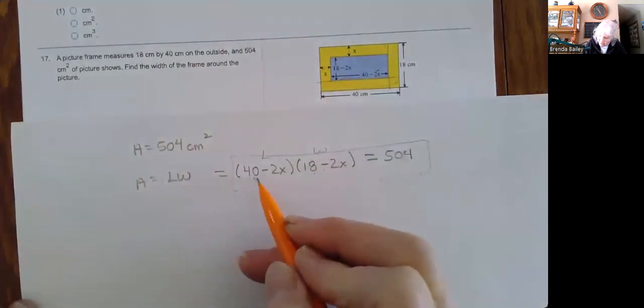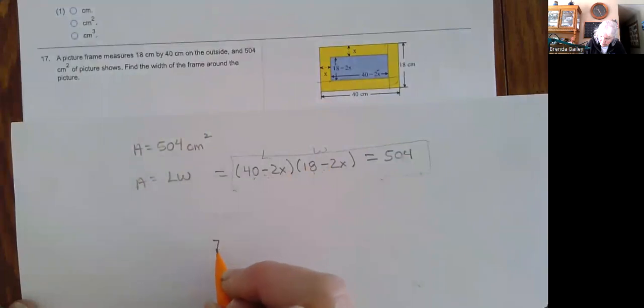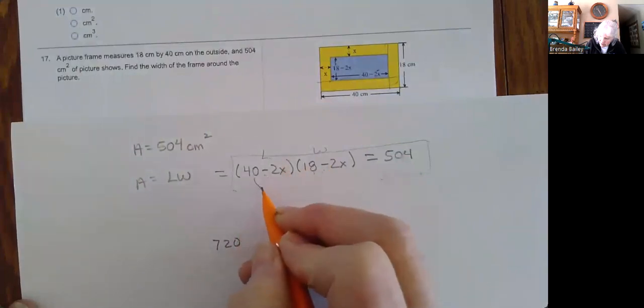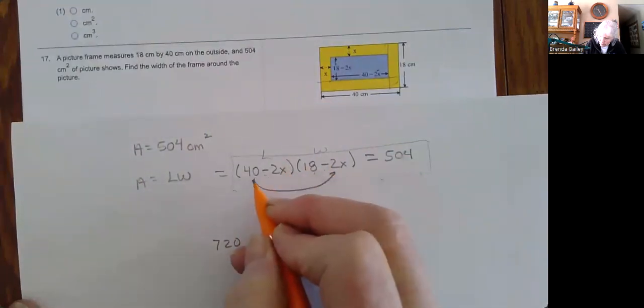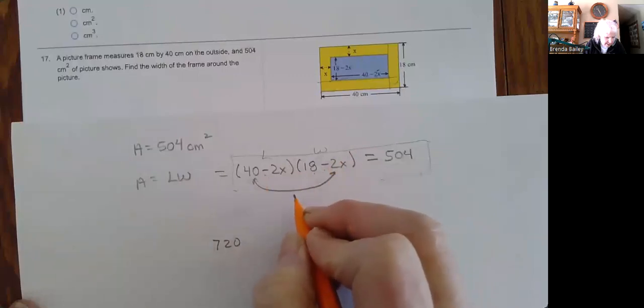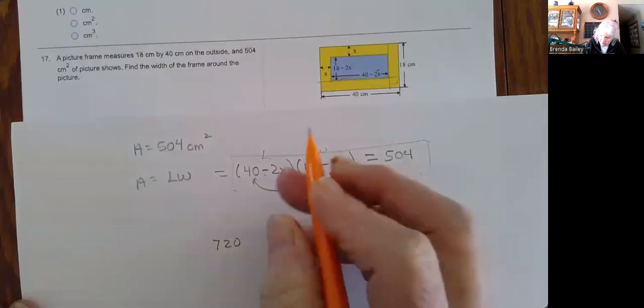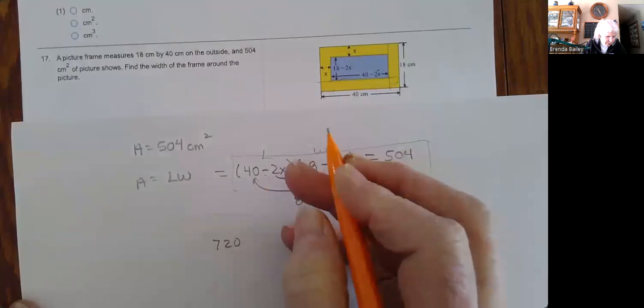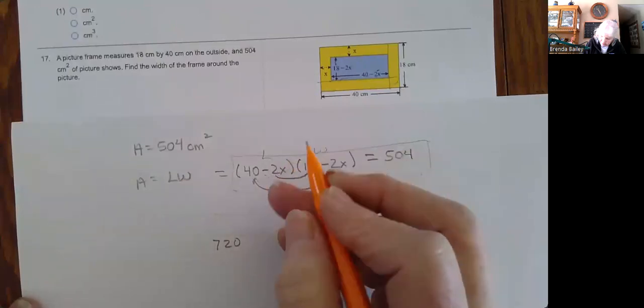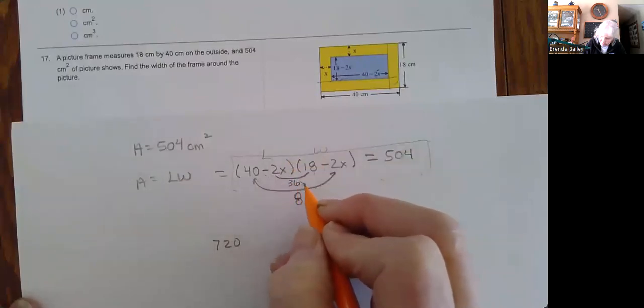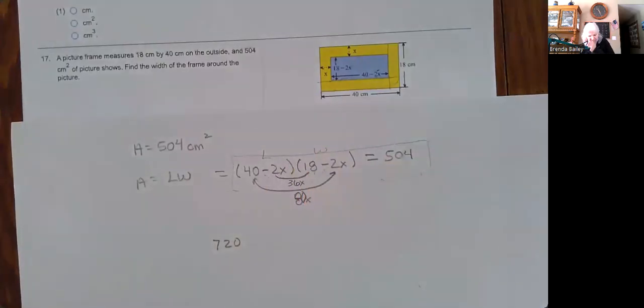So the first times the first using the FOIL. And then the outside, which is 80x, sorry, forgot the 0 on the 80 there. And then the inside gives you 36x.